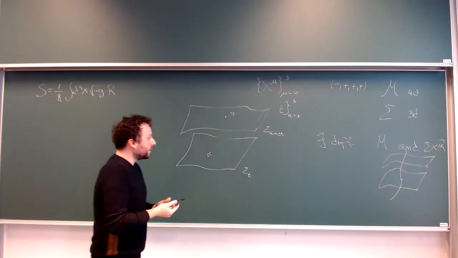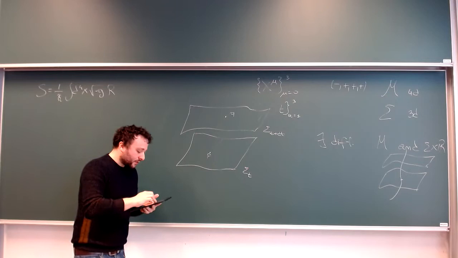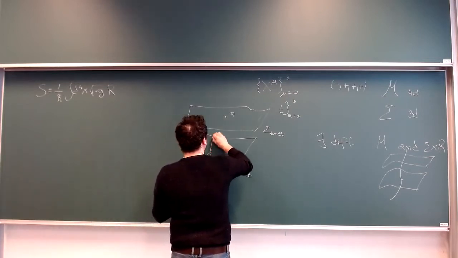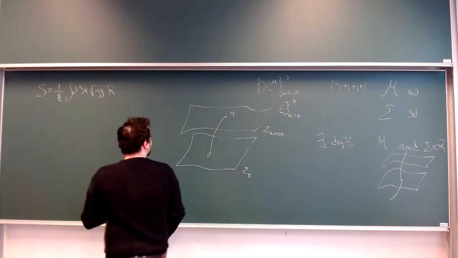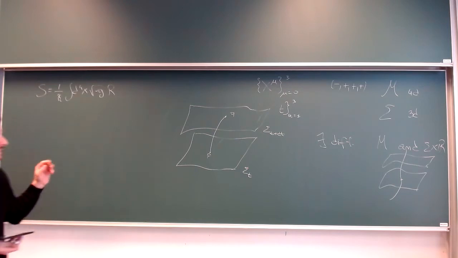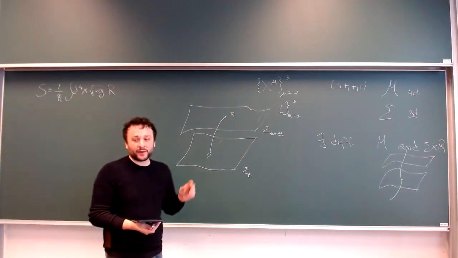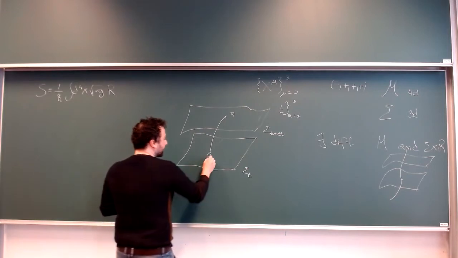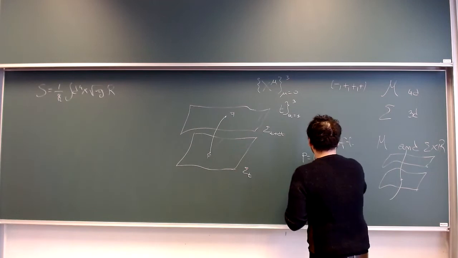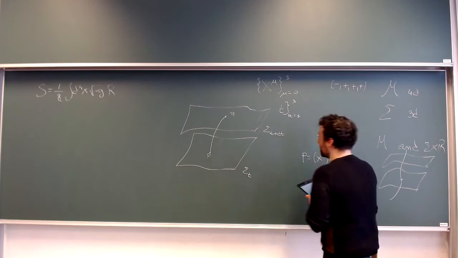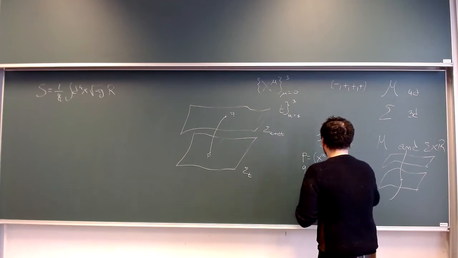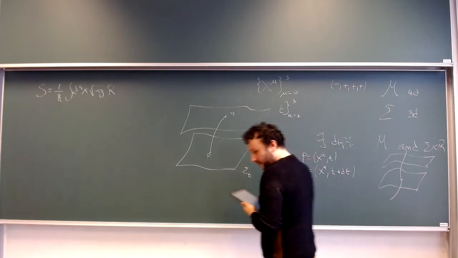Okay, so here what we would like to do is to connect these two that are space-like equivalent. What it means is that if P has coordinate x^a at t, Q has coordinate x^a plus dx^a at t plus dt.